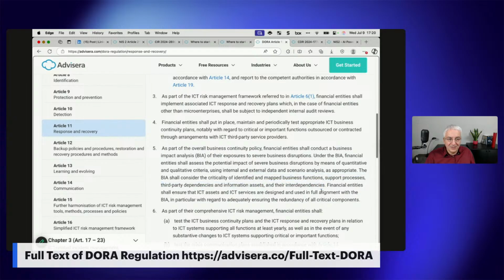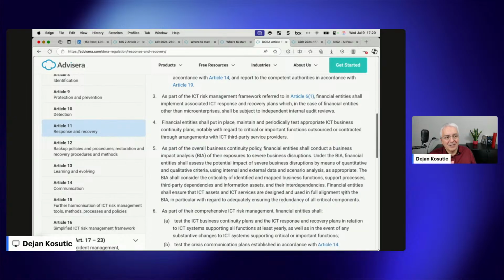So all of these things you should analyze during the business impact analysis. And then you should ensure that ICT, by the way, ICT stands for Information and Communication Technology, assets and services are in full alignment with the BIA. Quite many requirements, but again, it doesn't give you a clue on how to do it.